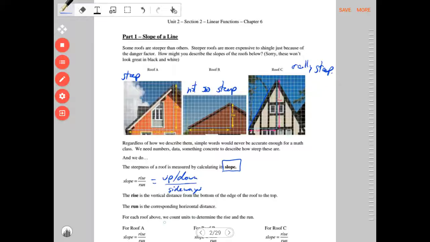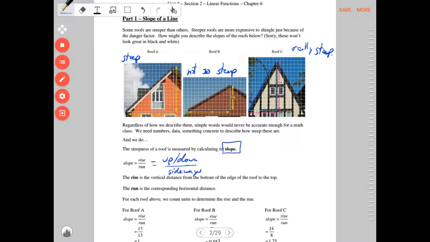For each roof above, we count units to determine the rise and the run. So for roof A, the rise goes 1, 2, 3, 4, 5, 6, 7, 8, 9, 10, 11, 12, 13 units up. So the rise is 13.